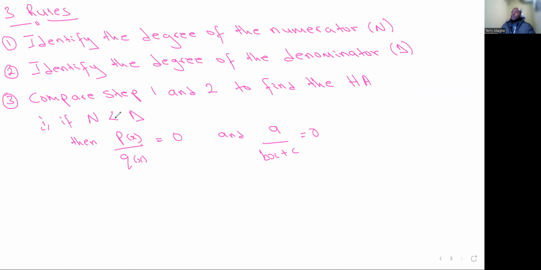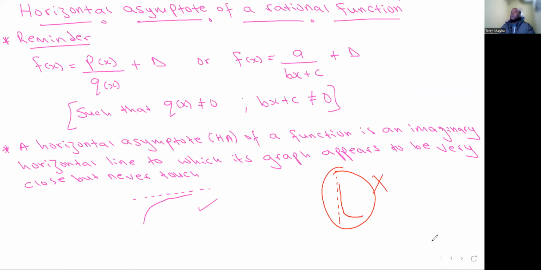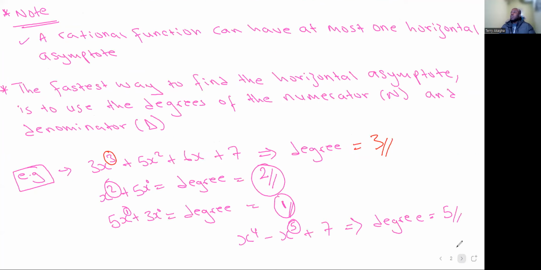When the degree of the numerator is less than the degree of the denominator, what you have to do is, in the rational function, the fractional part, you equate it to 0. Is that making sense? So that means all this is going to be equal to 0.